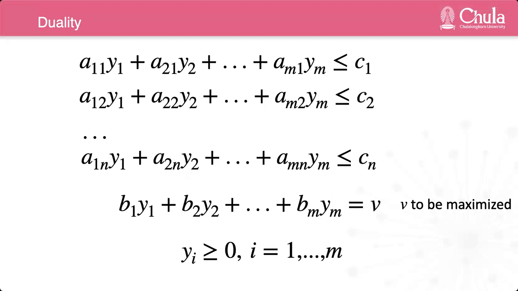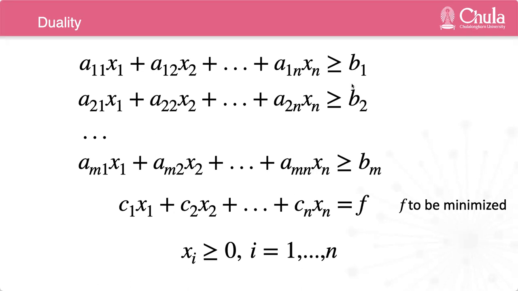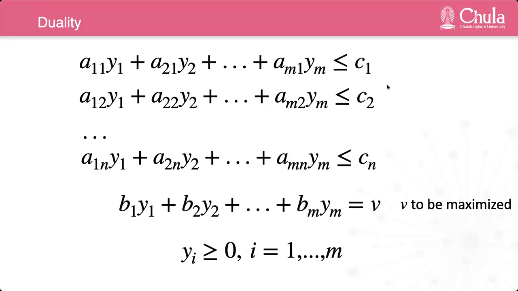You see that on the right hand side, we have B1 to Bm, right? However, in the dual, the right hand side becomes a vector of C1, C2 to Cn.